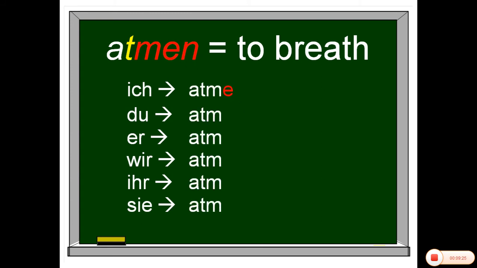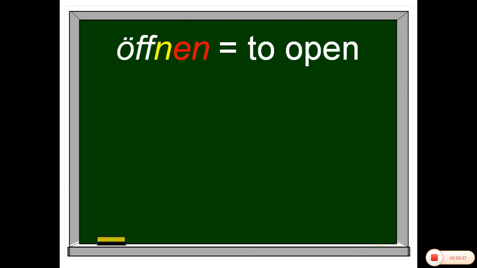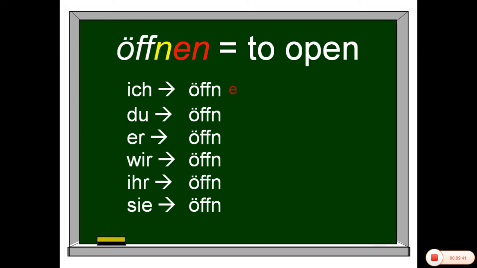Ich atme, du atmest, sie atmet, wir atmen, ihr atmet, sie und Sie atmen, to breathe. Öffnen, to open. Ich öffne, du öffnest, sie öffnet, wir öffnen, ihr öffnet, sie und Sie öffnen.